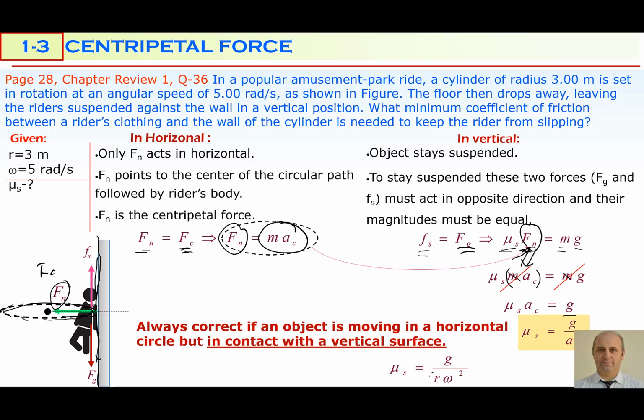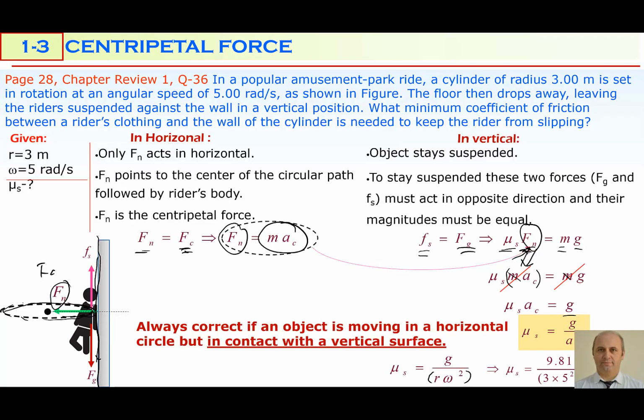What is the equivalent of centripetal acceleration? R times omega squared. Insert R, omega and G into the equation. You are going to calculate the coefficient of static friction between the rider's clothing and the wall of the cylinder. This was the last chapter of the question, and then we finished it.